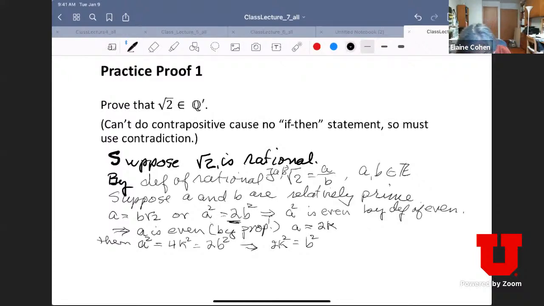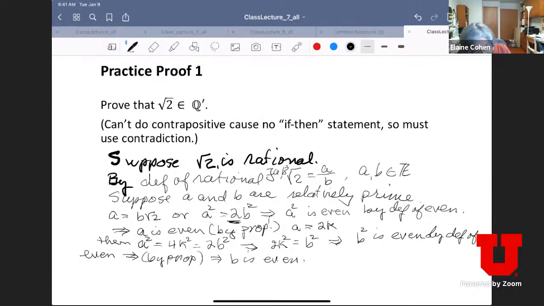That tells us that b squared is even, by the definition of even. And again, by the same proposition, that implies that b is even.